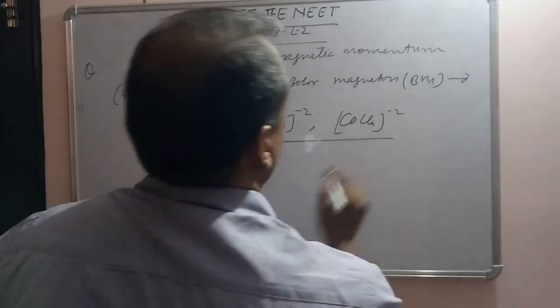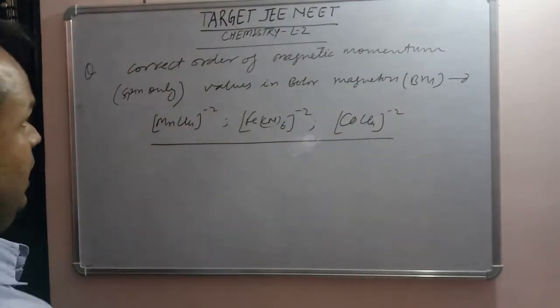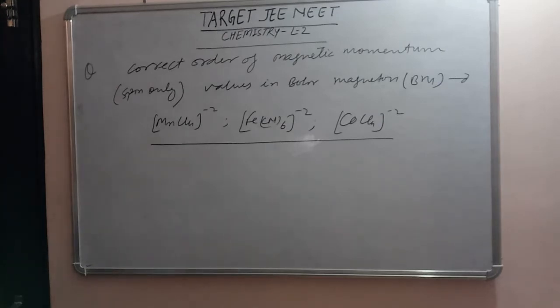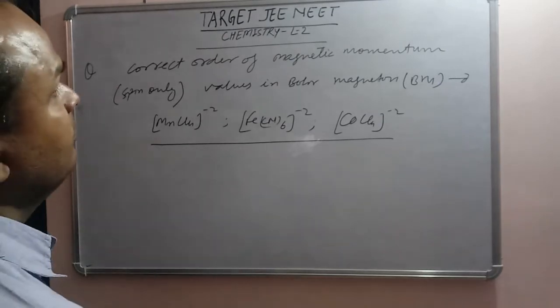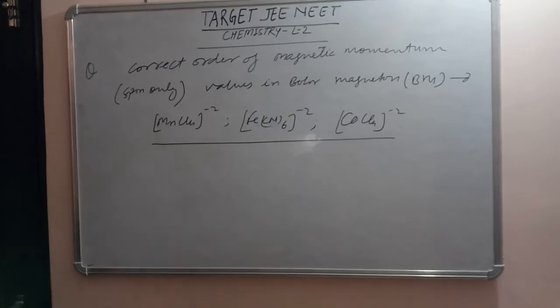Three complex compounds are there, and we have to arrange them in the increasing or decreasing order of magnetic moment. This one.